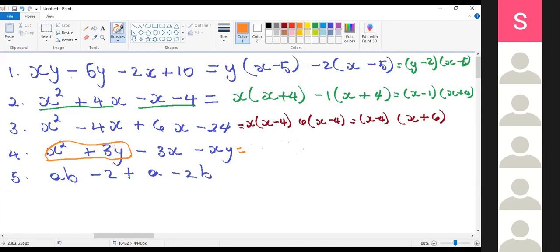So when you get a question like this, there is one pair or both pairs that you can't factor as is. You have to rearrange the expression and then factor. So in this case, there is no number and no letter that can go into both x squared and 3y.